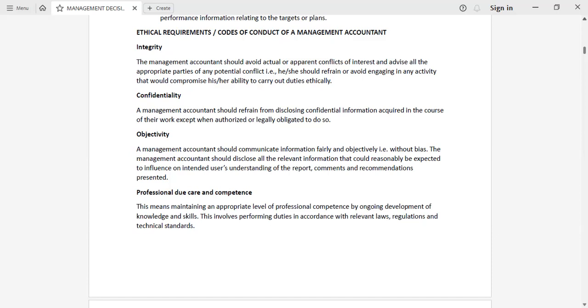So as we said, we normally get professional competency through continuous professional developments. They are called the CPDs, continuous professional developments.